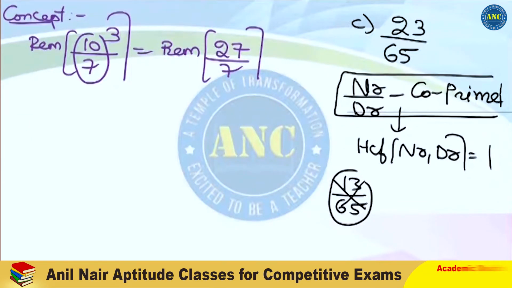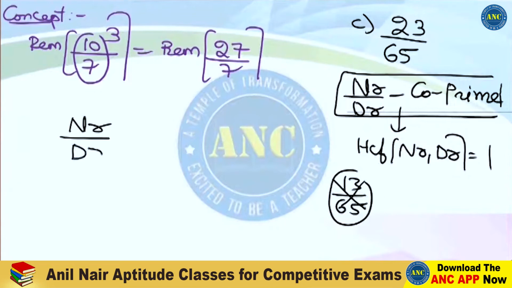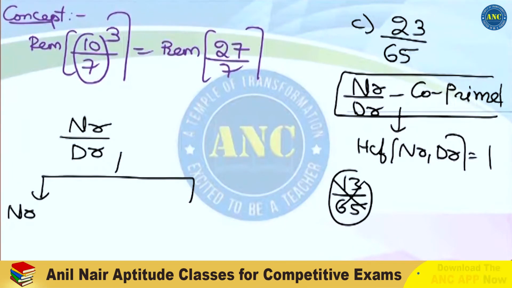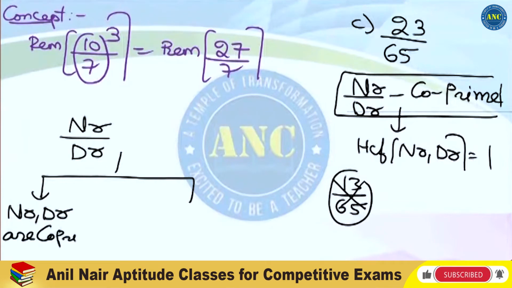Write 23 by 65. Now, see the logic. That variety we will solve a little later. First, we are discussing the questions where the numerator and denominator are co-prime to each other.